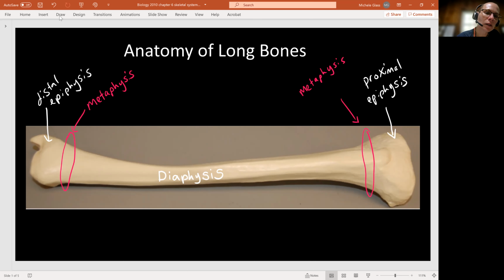Now, if the bone is still growing, I'll say if it's still growing, then we're going to call this the epiphyseal plate, as in growth plate. Or instead of using the word plate, we can use the word cartilage. So if it's still growing, we'll call it the epiphyseal cartilage.